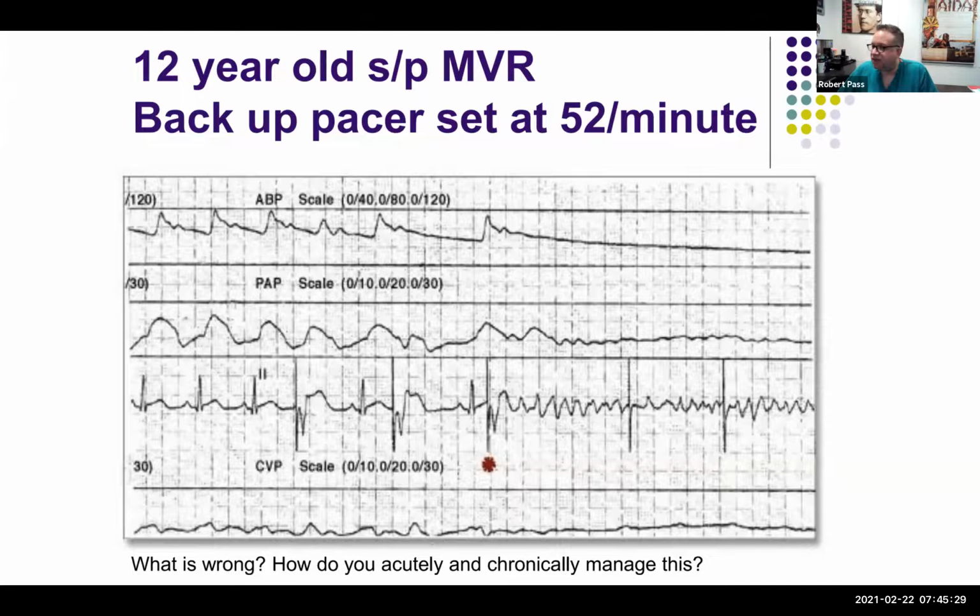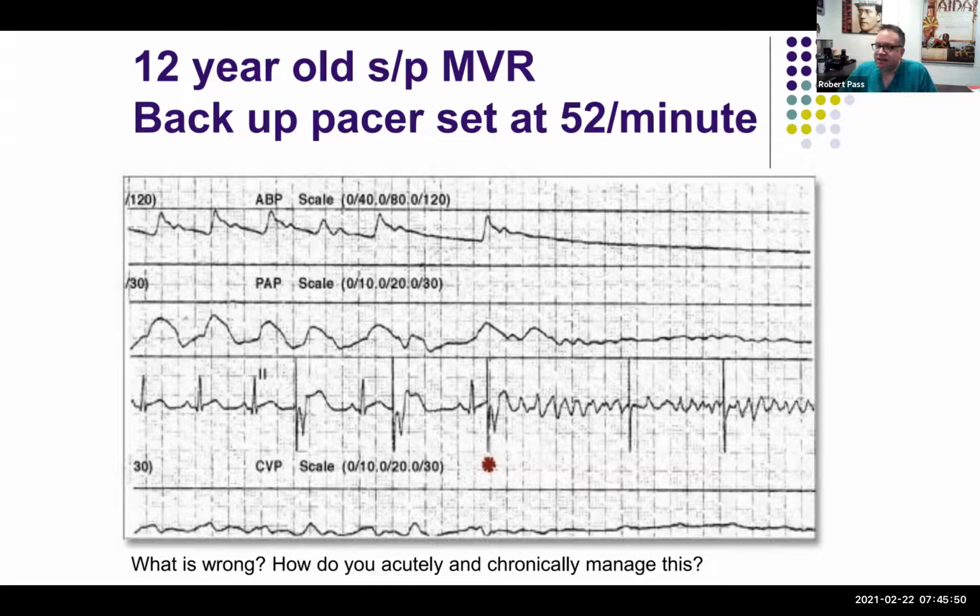Oftentimes, I notice that for a lot of post-op patients with temporary wires, somebody has decided to leave it in VVI backup at 50 or 70 beats per minute or something like that. There's nothing wrong with that, but the problem is that it assumes the sensing is going to be perfect all the time.